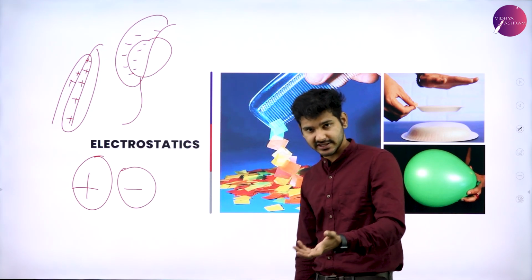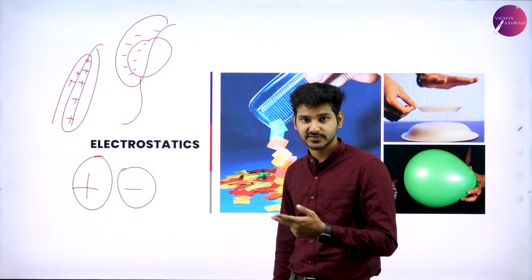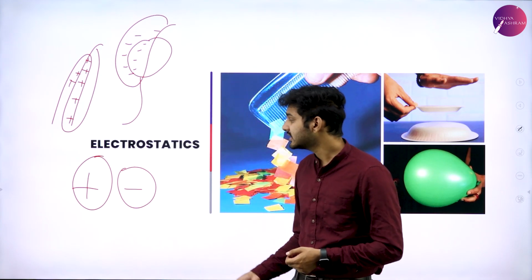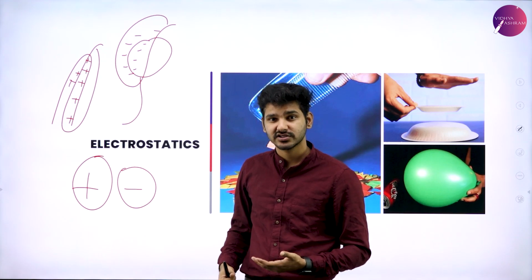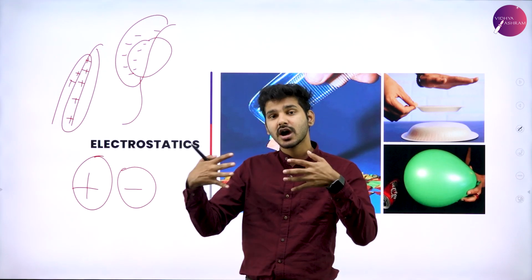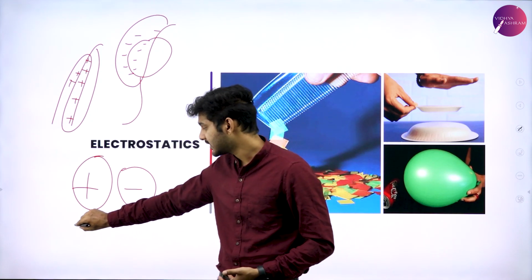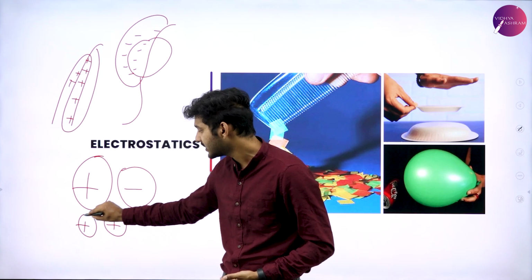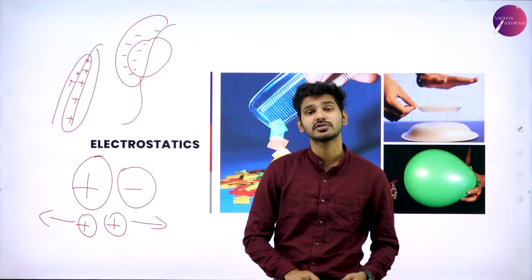So it was found out that materials had charges in them. Materials had two types of charges, positive and negative. And these charges seem to attract each other. The positive and negative charges, which are opposite in nature, attract each other. While when the same kinds of charges, let's say two positive charges, are brought near to each other, they seem to have a repulsive attitude towards each other.